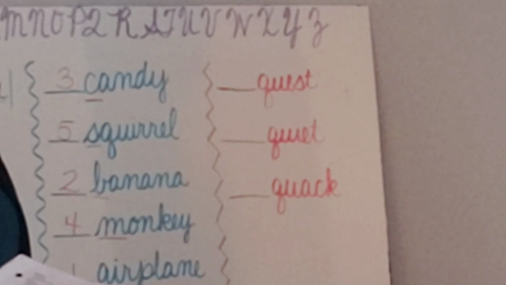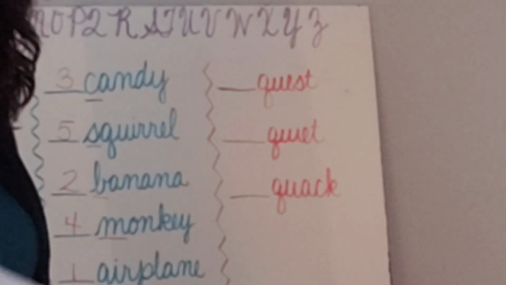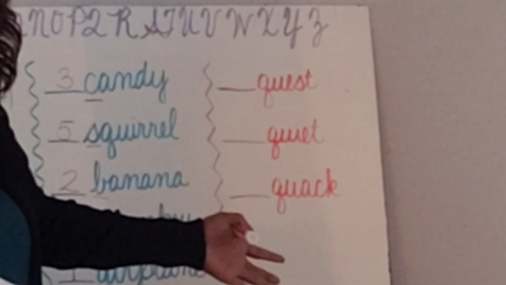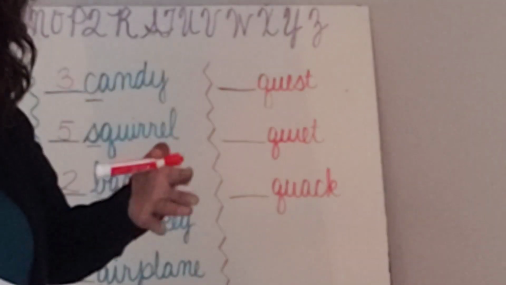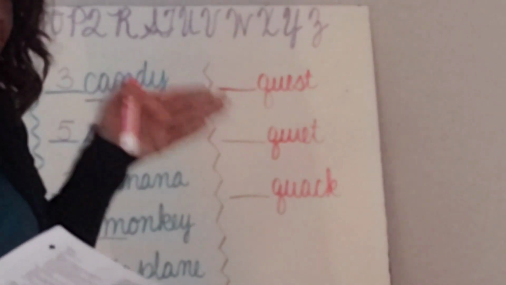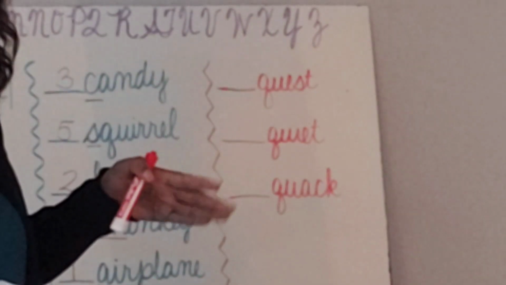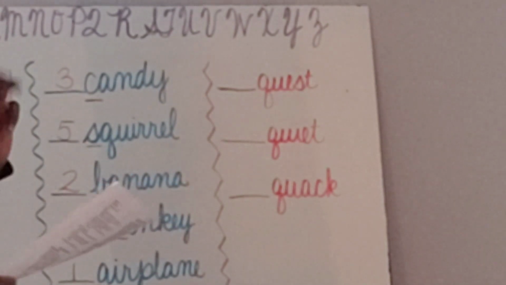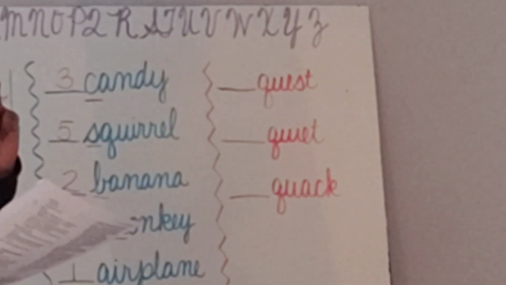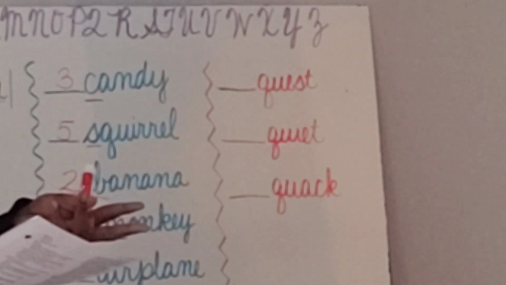Now I'm looking for quack, in the Q section, but I know I have to go to QU. But am I going to find QUA at the beginning or towards the end? So when we have words that have the same first 2 letters, what do you think you're going to have to do now?